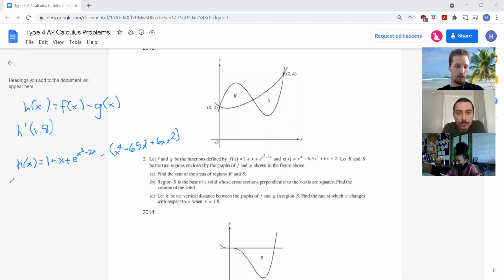And so you can take the derivative of this. Derivative of 1 is 0. Derivative of x is 1. Derivative of e to the x squared minus 2x is e to the x squared minus 2x times the derivative of the inside. Which derivative of the inside is 2x minus 2.